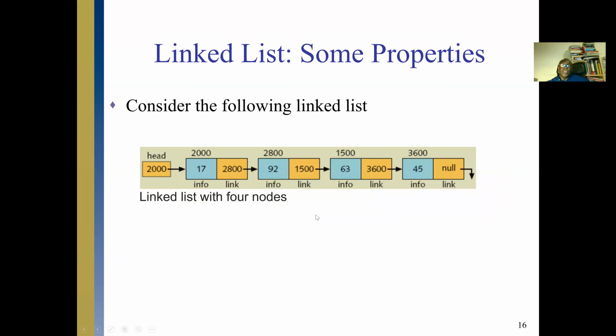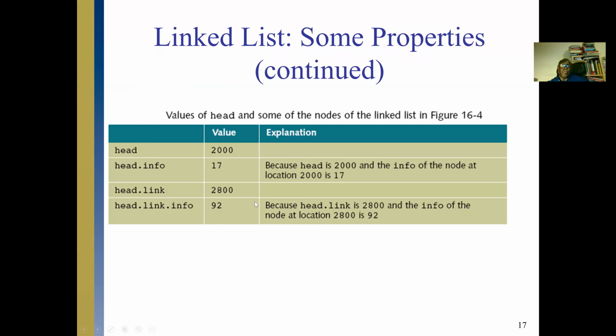Head link info means I'm in here at the head, the link is here, and the info will be 92. So that's the concept here, going through the items in the linked list: head.info, head.link.info.